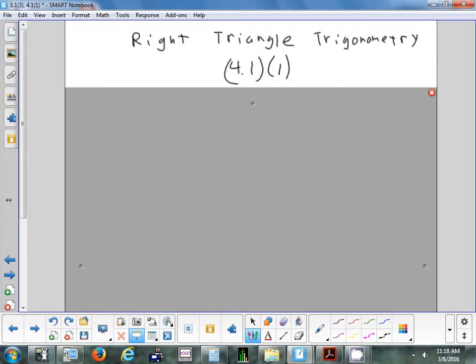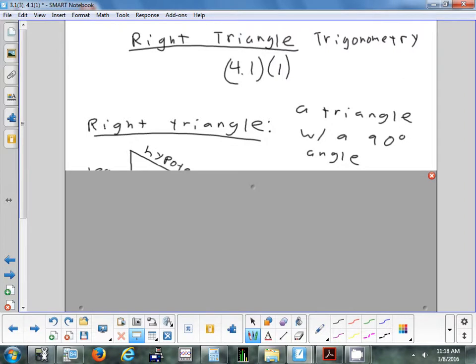We need to find them all. That's basically what we need to do. You'll be given some information to start with. Out of those 6 things, 3 sides and 3 angles, I have to give you a couple things to work with. And because we're working with right triangles, that also means something else. So we'll talk about that.